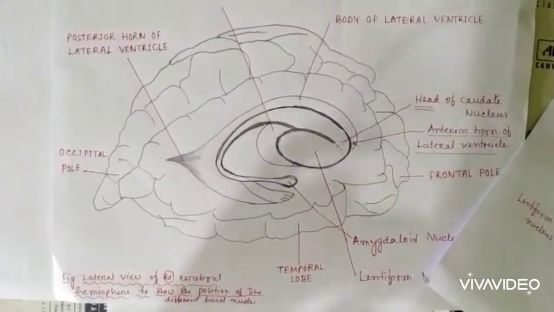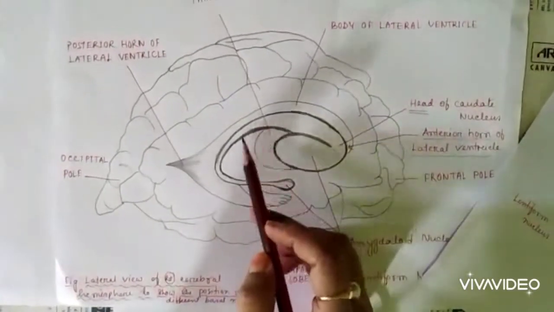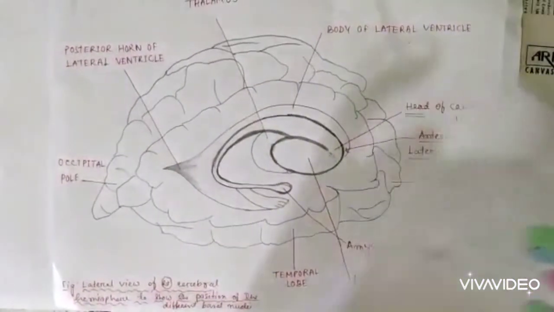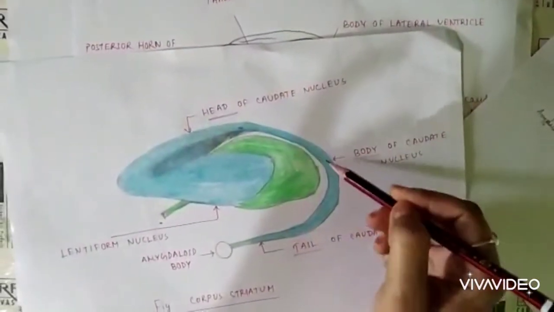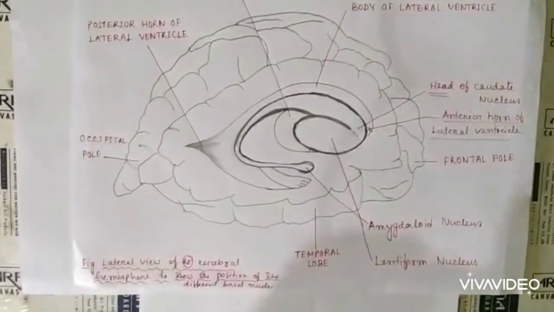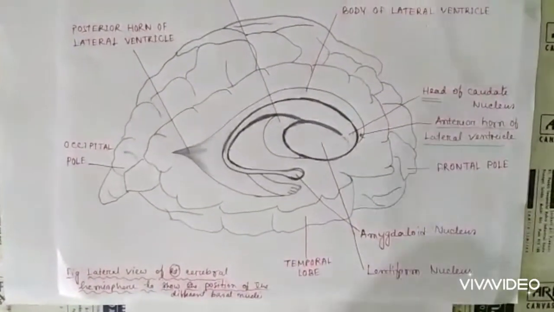The body of the caudate nucleus, this portion here, forms the floor of the central part of the lateral ventricle.